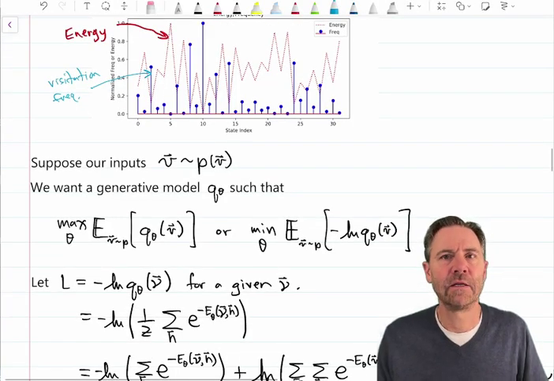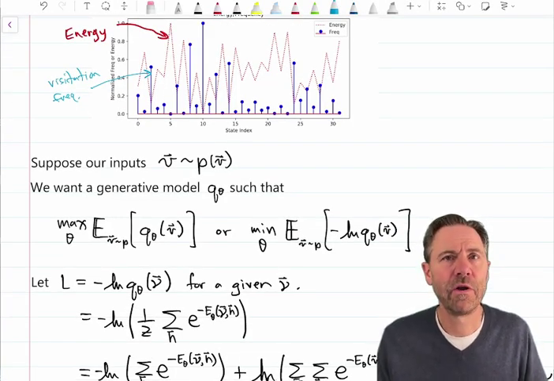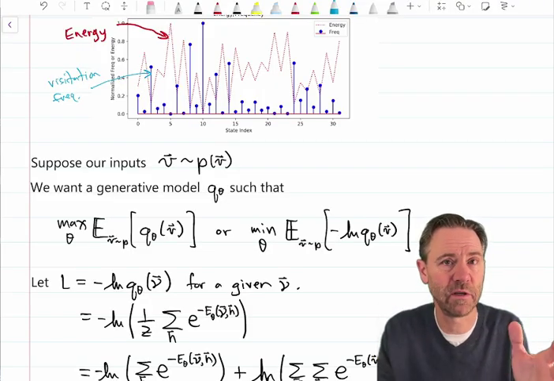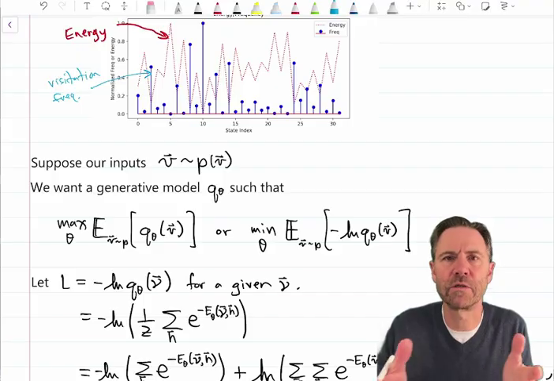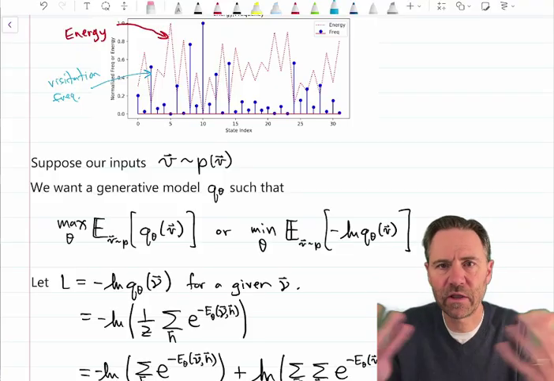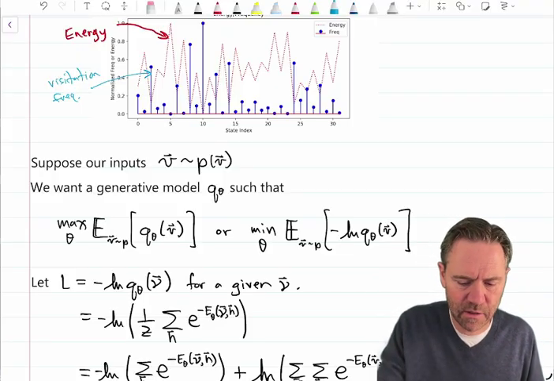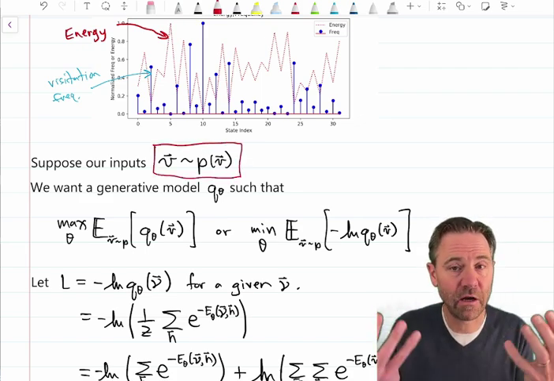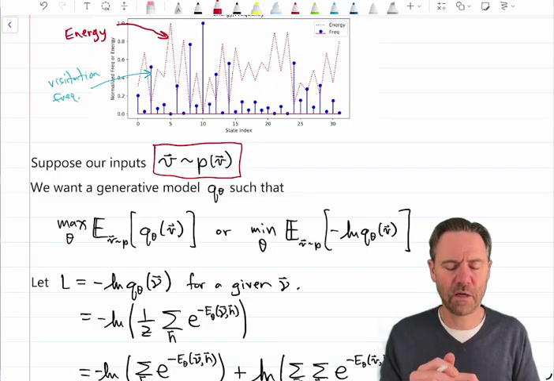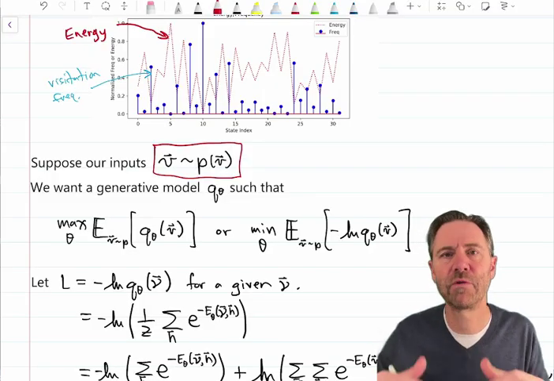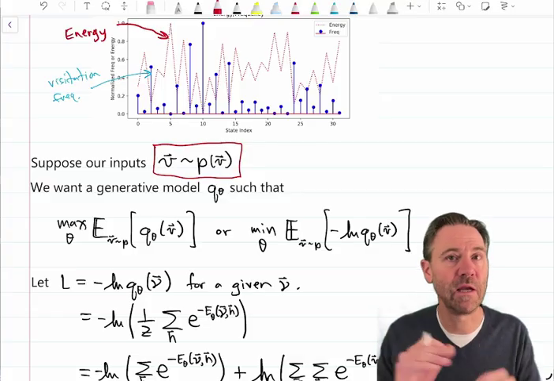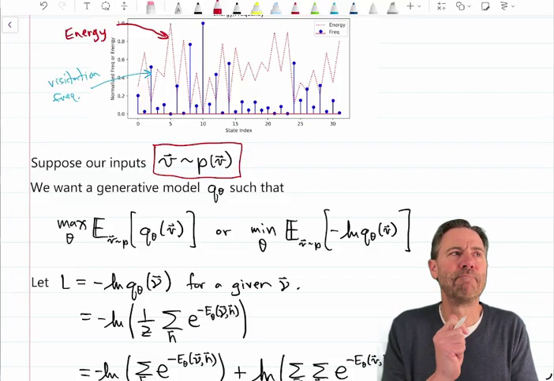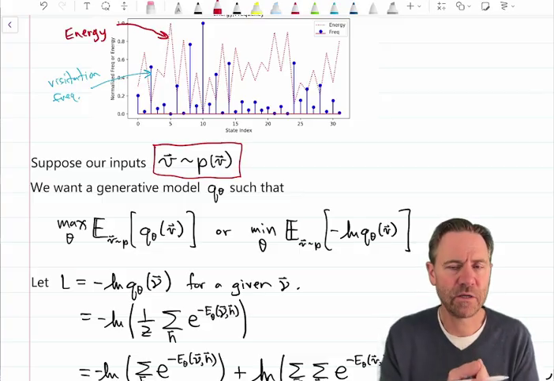Now we want our neural network to represent something out in the world. Let's suppose this neural network is walking around through some world and it doesn't see everything with equal frequency. What it observes follows some distribution. The visible states that it encounters are delivered by this process that happens in the world, this distribution P. Now we want our neural network to be sensitive to that distribution.